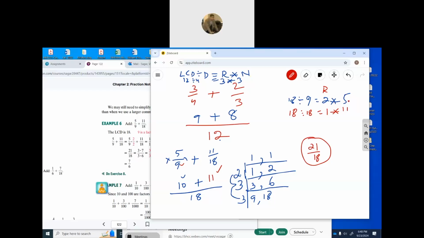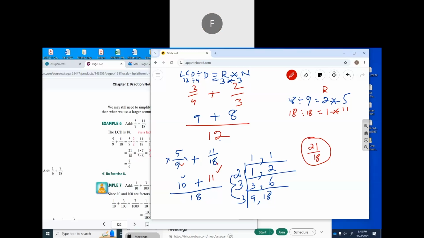So 2 times 5, which is 10. So I'm writing under exactly this number, 10 is right here. Then if this is a minus, you write down minus. But if this is a plus, you write down plus. So I have a plus here.